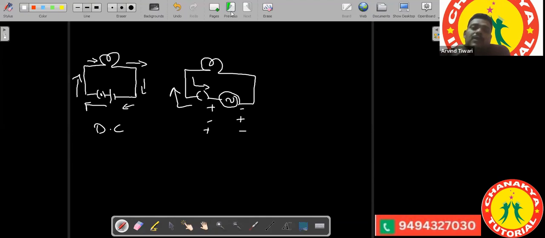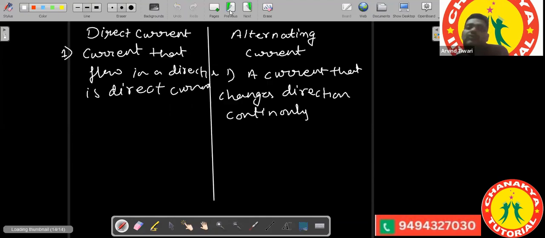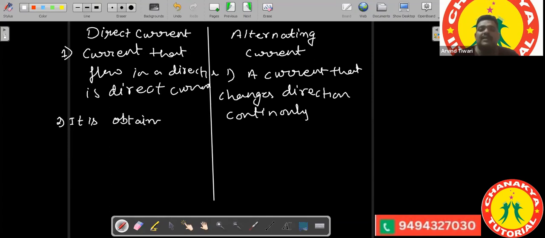So this was one point of difference. Direct current, how do we obtain direct current? It is obtained from a battery or cell. A direct current or DC current is obtained from a battery or cell.